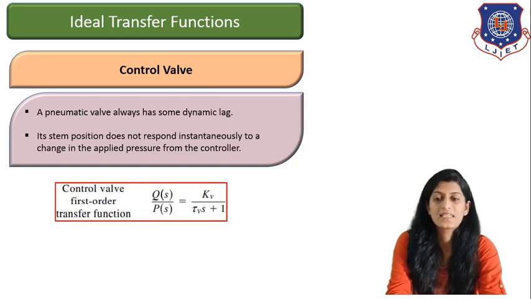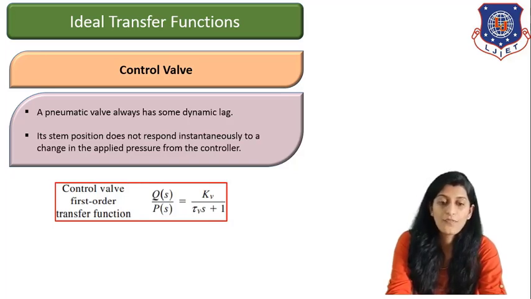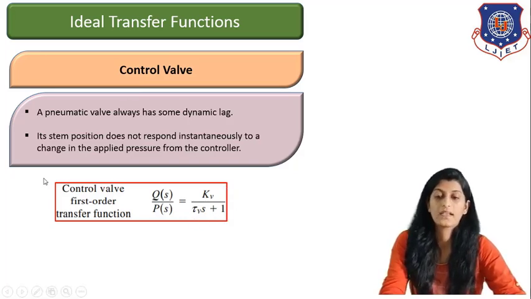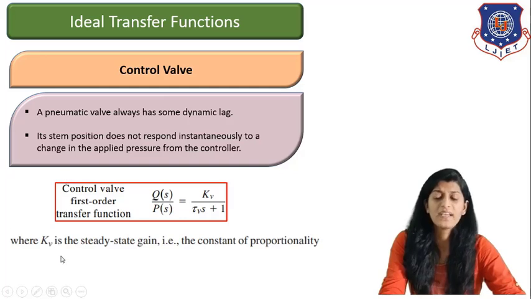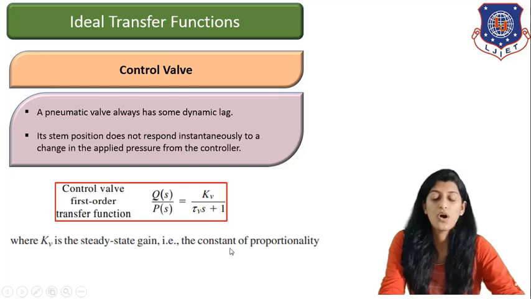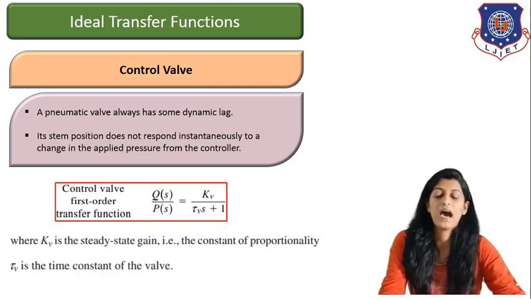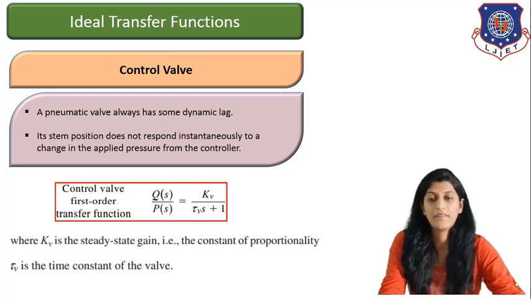So as you can see, a control valve for a first order system can be related using this particular function, the control valve first order function Q by P. Output upon input is related as Kv upon tau v s plus 1. Now, Kv is basically the steady state gain, that is the constant of proportionality, and tau v is the time constant of the given valve.